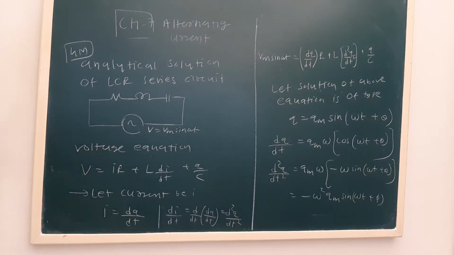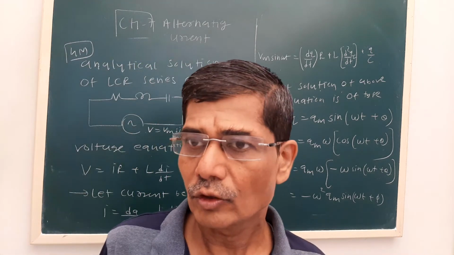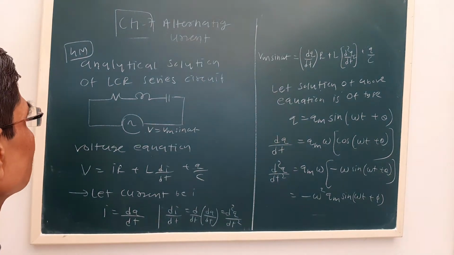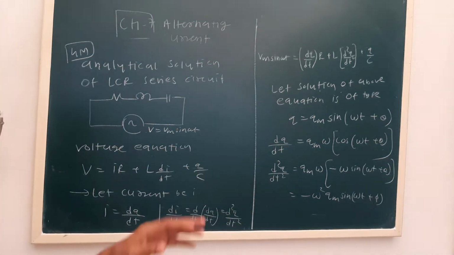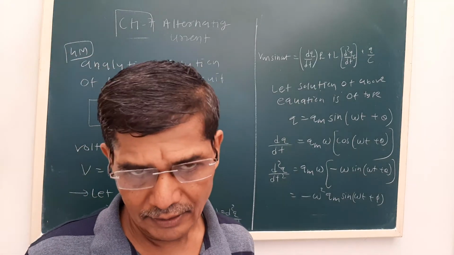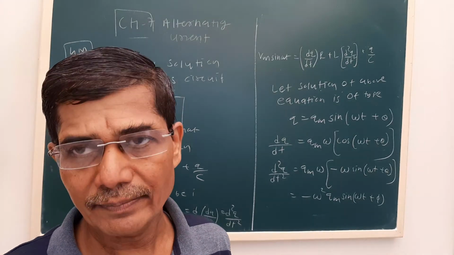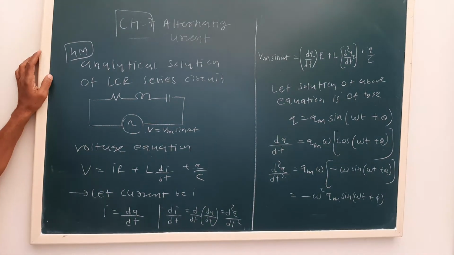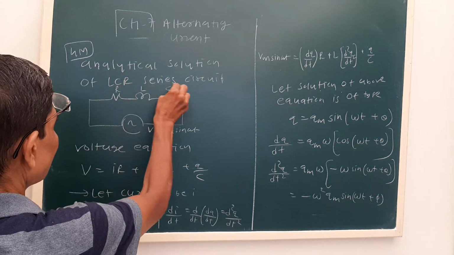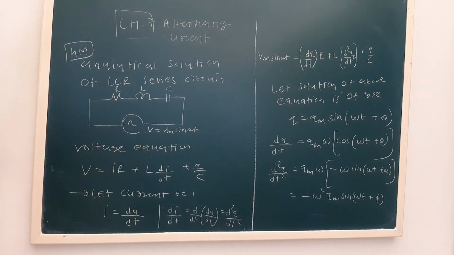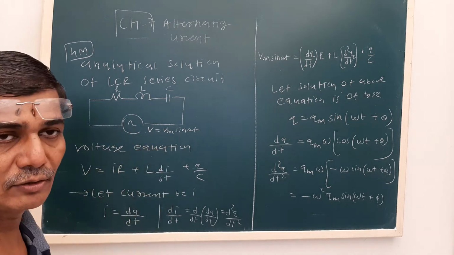Next we have to obtain the analytical solution of the LCR series circuit. The earlier method derived the equation using the phasor method; this is the analytical solution. The components are a resistor, inductor and capacitor connected in series with the voltage Vm sin omega t.